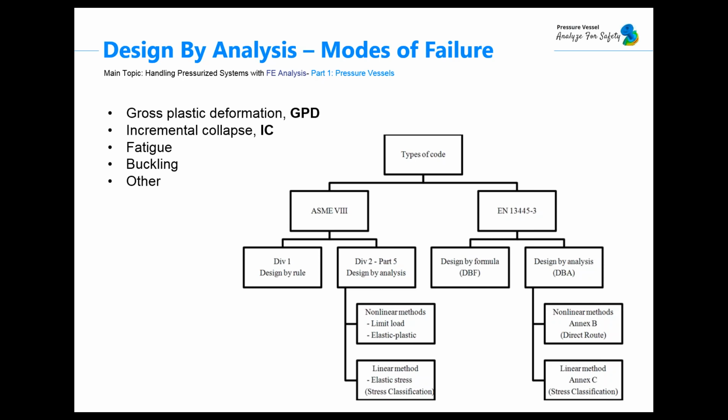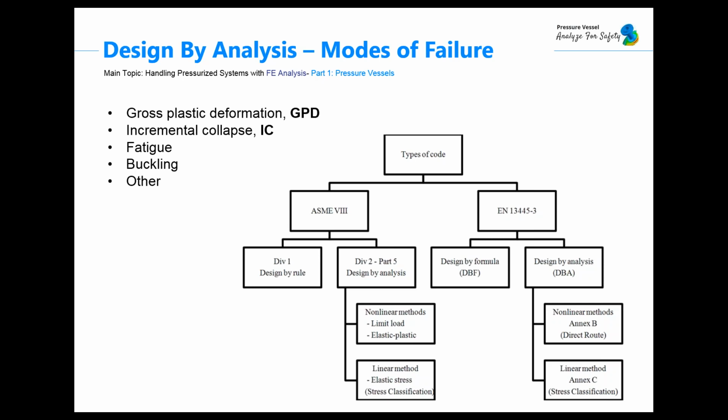The linear stress classification route and the direct route, which refers to inelastic or, let's say, plastic analysis. And for the elastic stress analysis method, a linear elastic model is used, and this means that the stress in the material is assumed to be linearly proportional to the strain, also above or, let's say, beyond the yield stress.